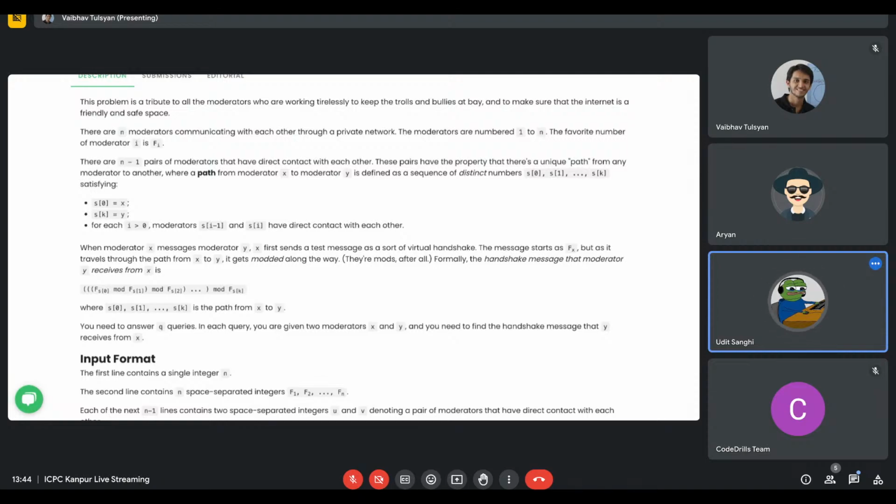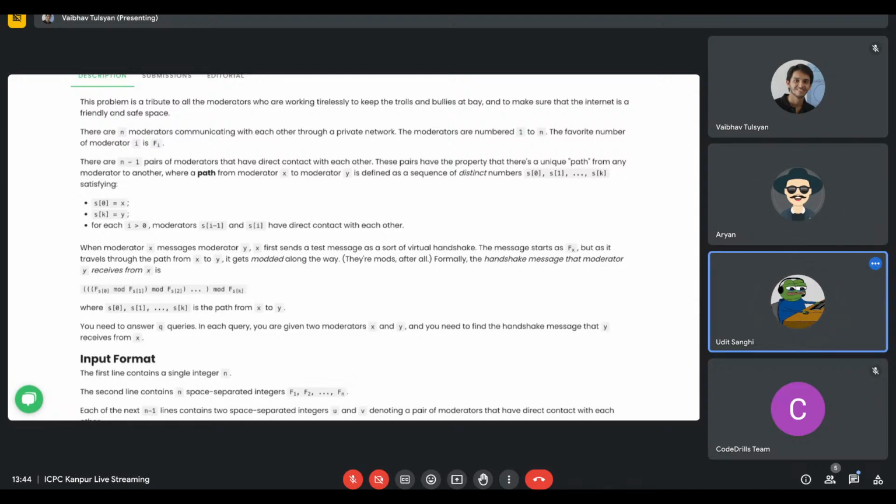Forget about a tree. The idea is that when you do a mod operation, two things can happen. Either the number becomes much smaller than itself, or it remains the same. If you're doing A mod B, then if B is greater than A, the number doesn't change.